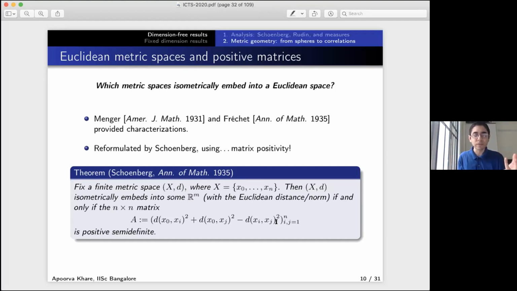Distance matrices are never positive semi-definite because their diagonals are 0 and their off-diagonals are positive. So even a 2 by 2 has a negative principal minor, and that contradicts the eigenvalues being non-negative. Anyway, question: where's the m in this? Where's the dimension of the space?